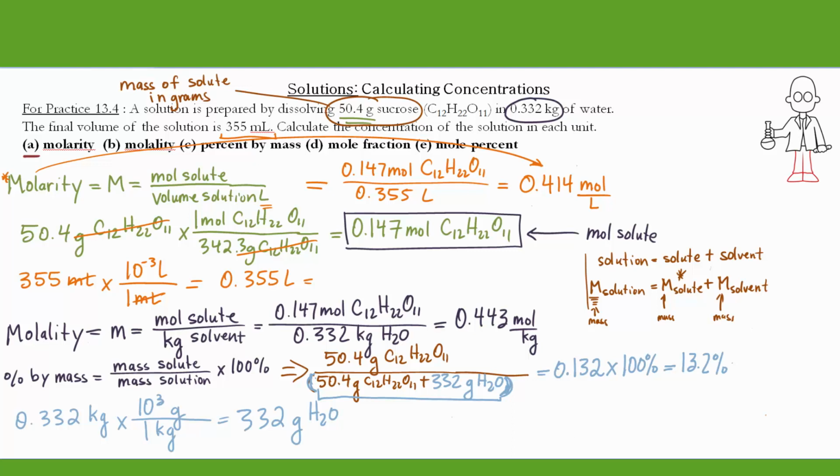So what that means is for every 13.2 grams of C12H22O11, there is 100 grams of solution.